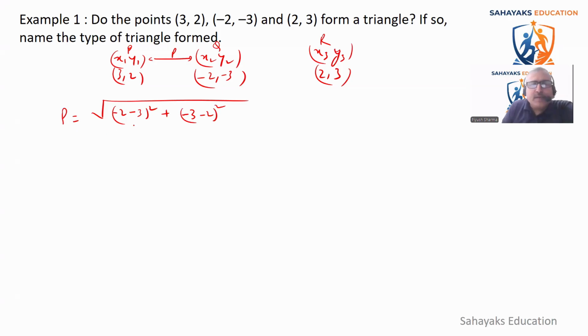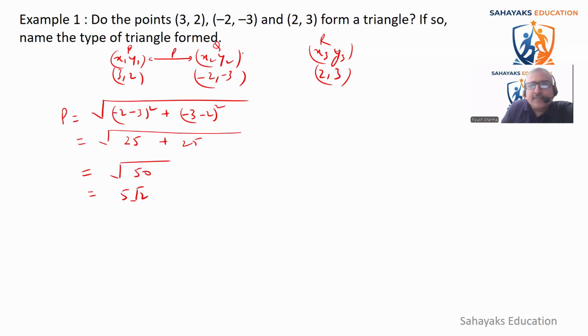So it comes out to be -5 whole square is 25, plus again -5 whole square is 25. So it comes out to be square root 50, or I can write it as 5 root 2. So this is the distance P.